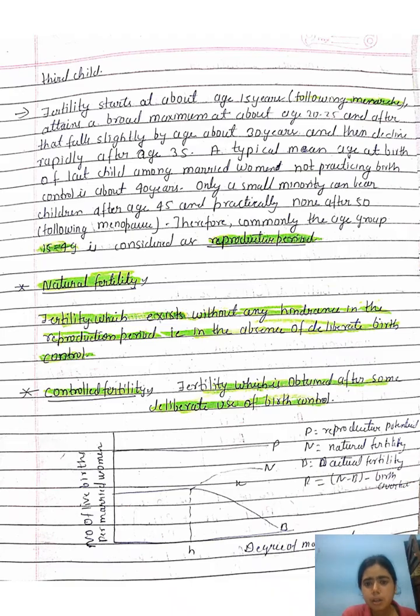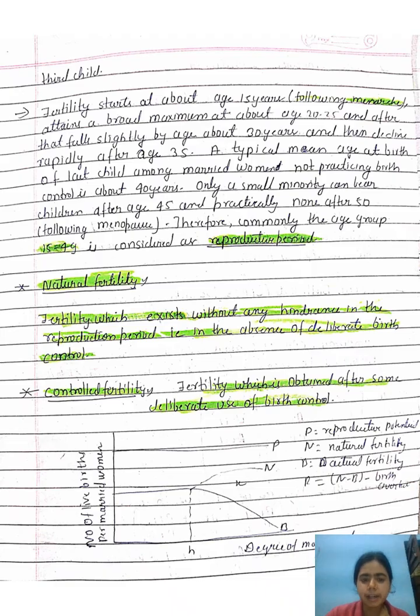Menopause means when the menstruation cycle of a woman stops permanently, and it starts at the age of 45 to 49. The reproductive period of a woman is 15 to 49 years, according to the demographic book.